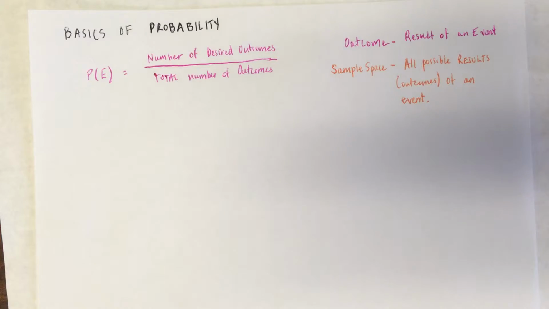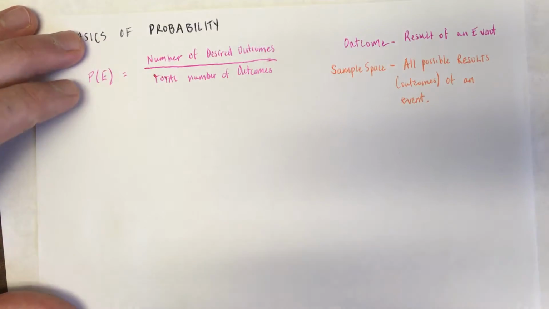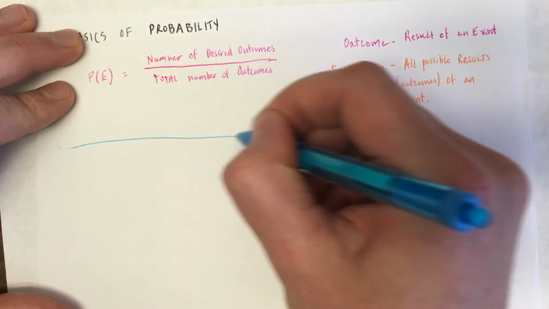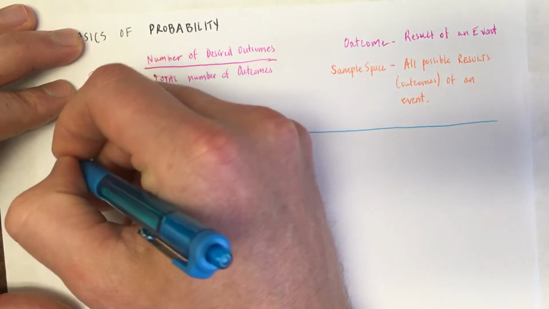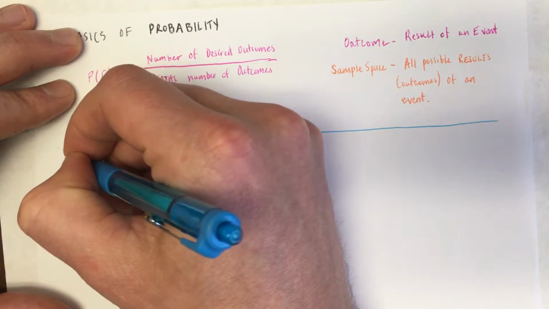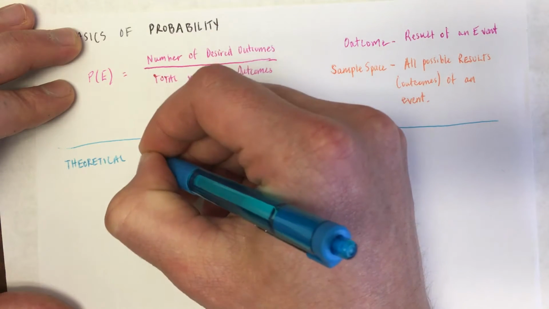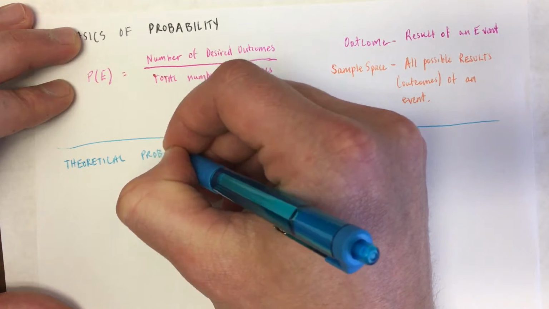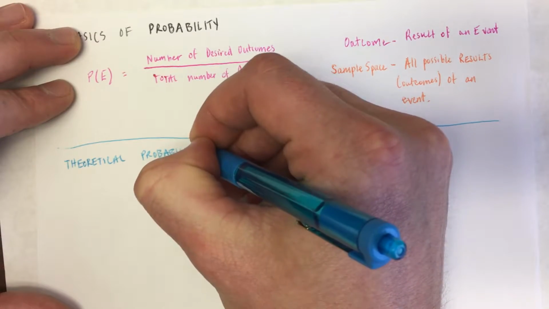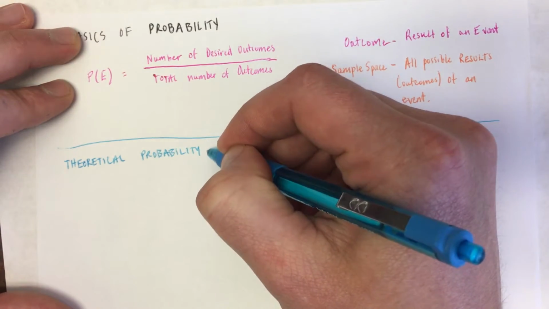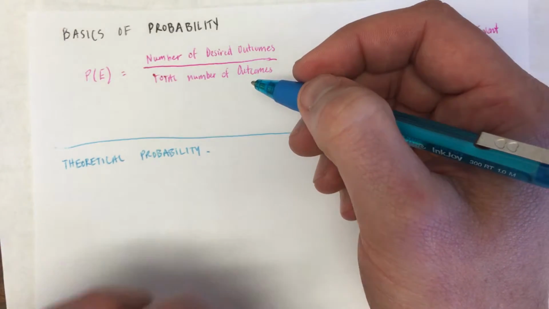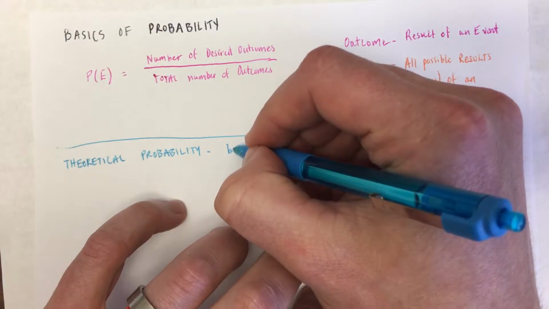Now, there are actually two probabilities that you need to consider. One is theoretical probability. This is based on theory and analysis of possible outcomes.